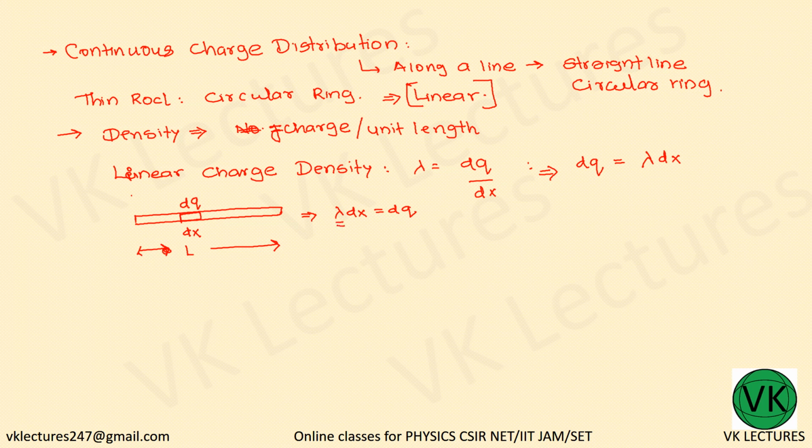You can also have lambda varying, that comes under varying charge density. If lambda varies, then we cannot write lambda as dq by dx. In some form it may vary.